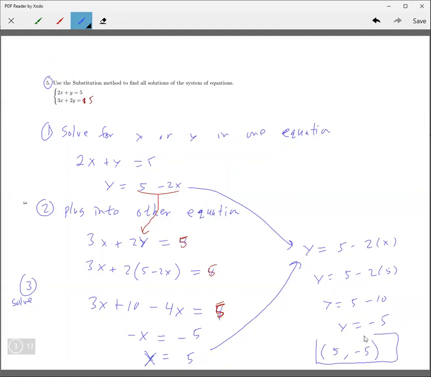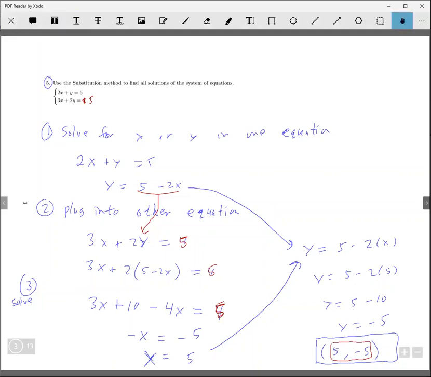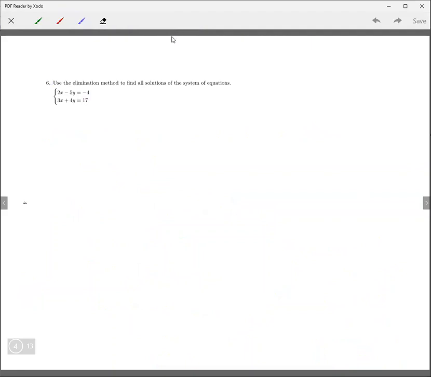So 5, -5 will be the answer. Now they're already in there in WebAssign, they already have the parentheses drawn for you, so you're just going to put in this inside part right here. How convenient.